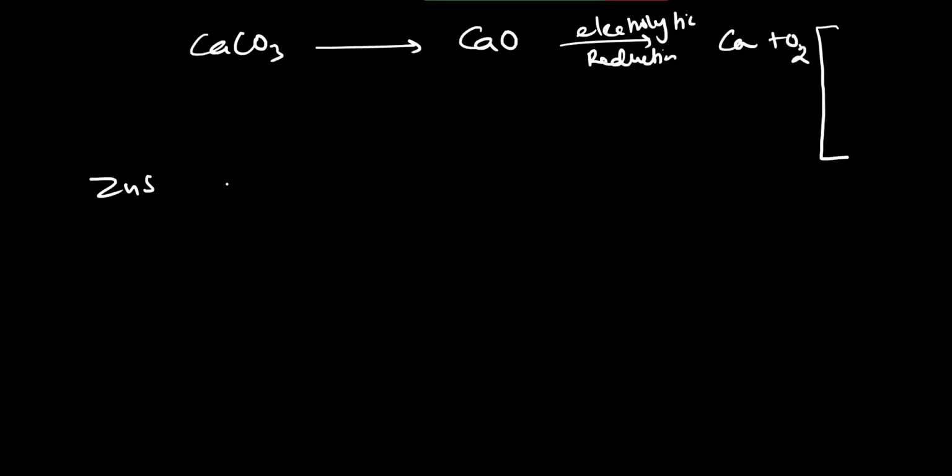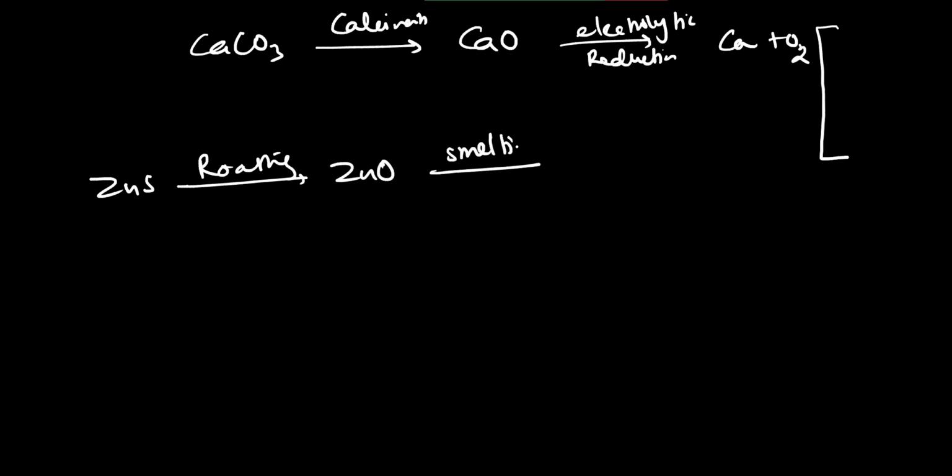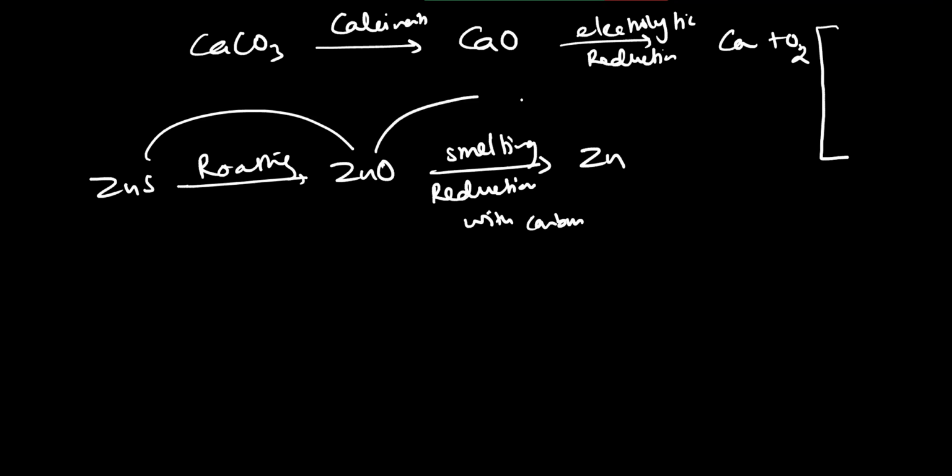Similarly, if we have ZnS, first we do the roasting, and after roasting it gets converted into ZnO. Then by using carbon, by smelting, we get Zn. So first we convert into oxide form by calcination or roasting, and then by using suitable methods, either carbon, aluminium, or electrolytic reduction, we are able to separate the metal.